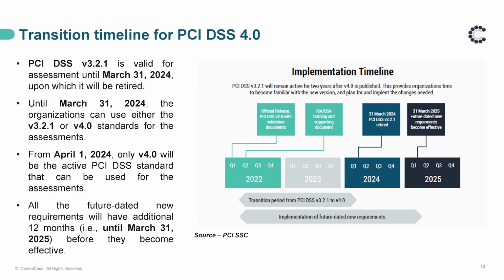So all these requirements are identified as a best practice in the standard. In other words, when you do your PCI DSS assessment with 4.0, the identified best practice new requirements will not impact your PCI compliance until March 31st, 2025, and they'll be considered as not applicable.